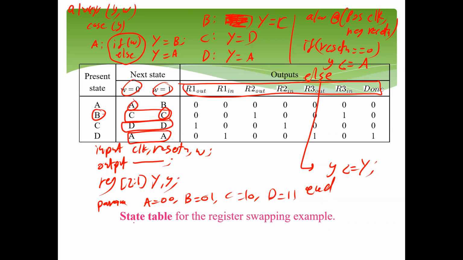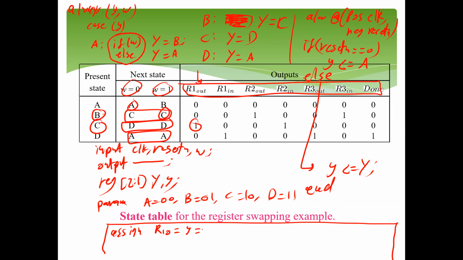End your always block, and then you need to write your assigned values of the output. So you'll go assign R1 out equal to the current state being C, so y equals C. R1 in equal to, if the current state is equal to D, and so on.